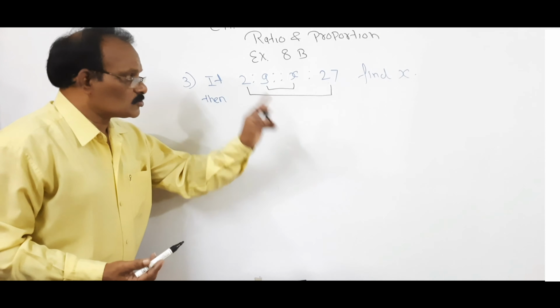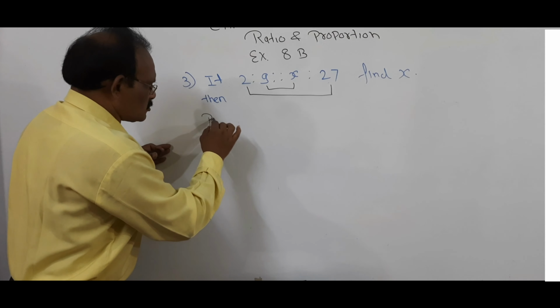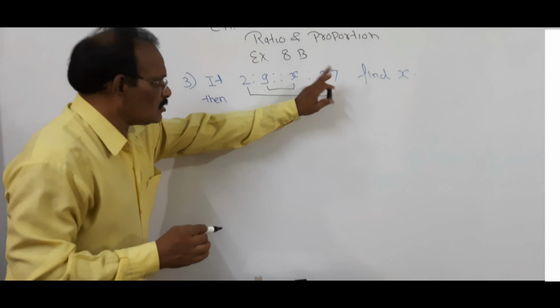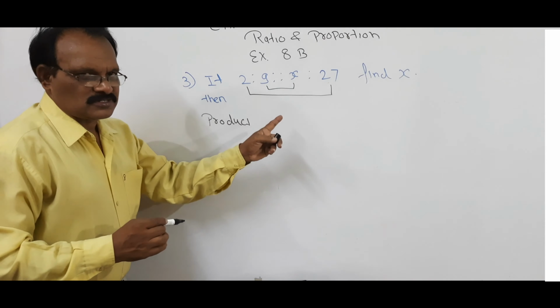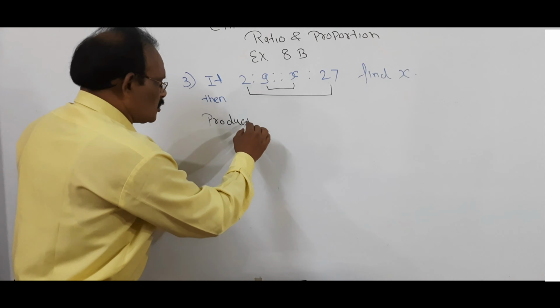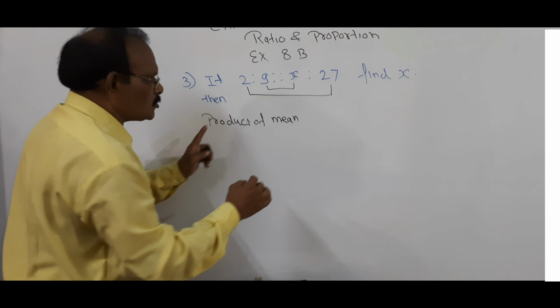It is in means, so write the product of means first. अगर x extremes में होता तो हम पहले product of extremes लिखते. So we first write the side with the value of x. Product of means. Why did we choose means and not extremes?